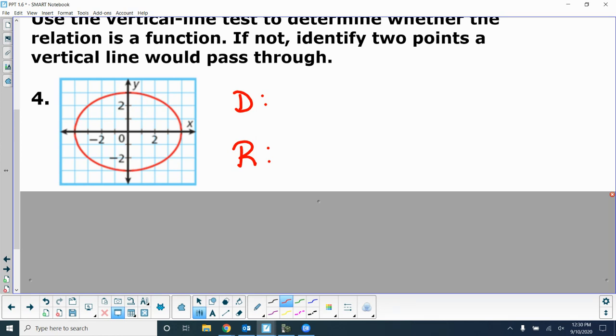Don't say it out loud, but think about it. What number do you think is going to work? What is one of the x values? -3. Okay, and 3. Good. Those are the two. You're correct.